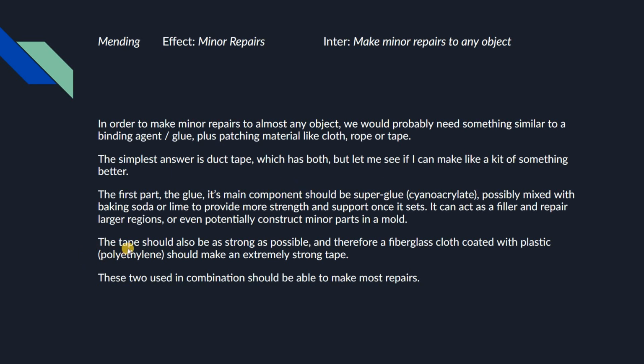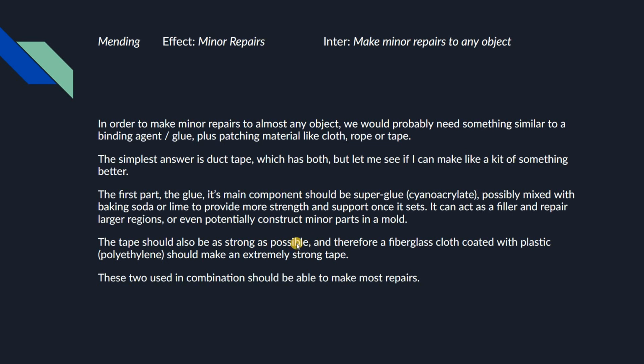And the tape I also wanted to be as strong as possible. So in my mind, I'm thinking fiberglass is cheap and ridiculously strong. So fiberglass cloth coated with plastic would make extremely strong tape.